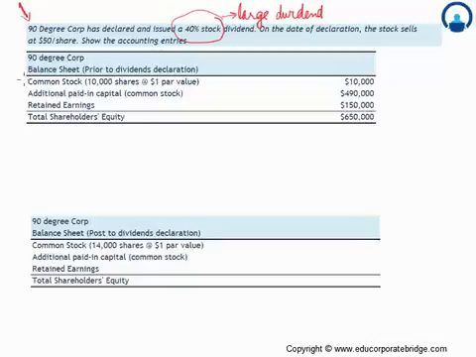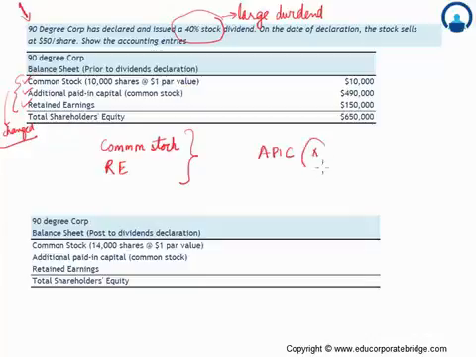We had seen earlier that in the case of a small dividend, all three accounts, common stock, additional paid in capital and retained earnings, changed. Now when a large stock dividend is announced, please note that only two sections get affected: the common stock and the retained earnings. The additional paid in capital is not affected in any way.